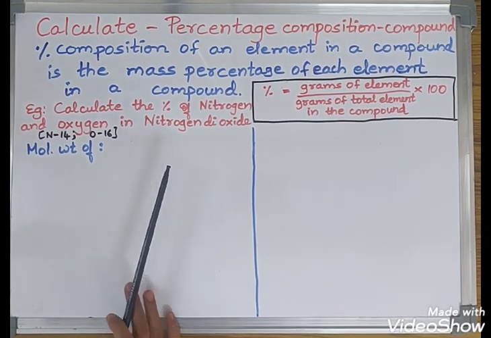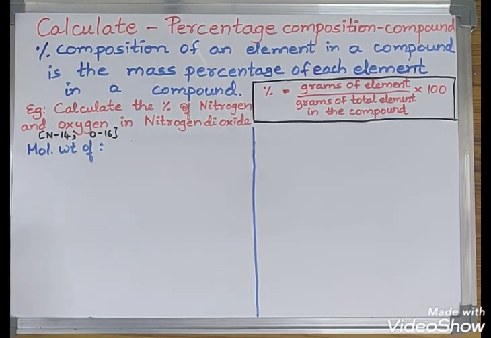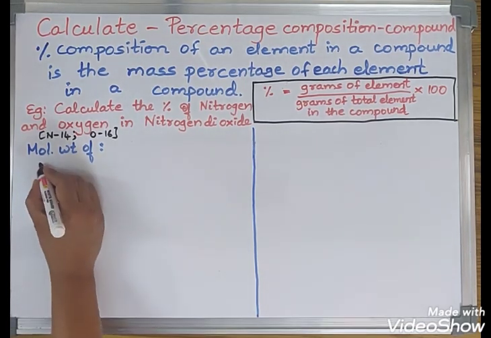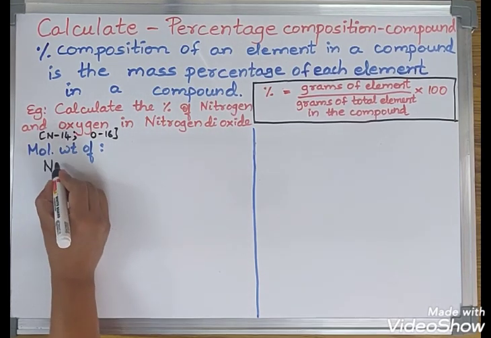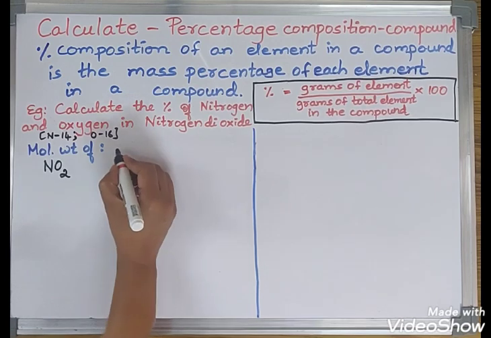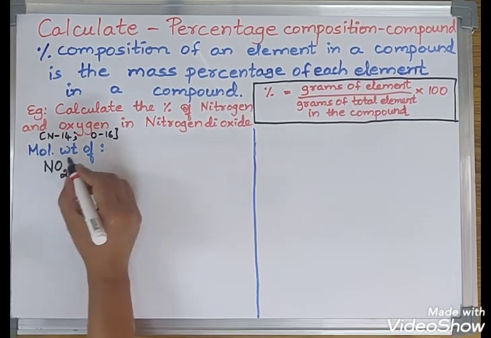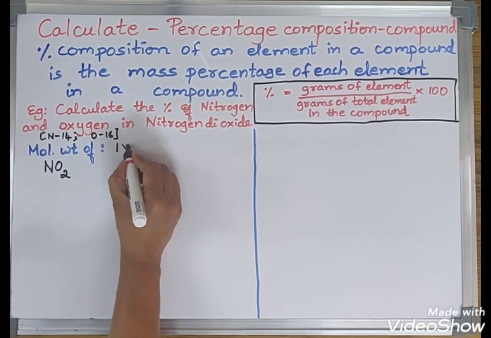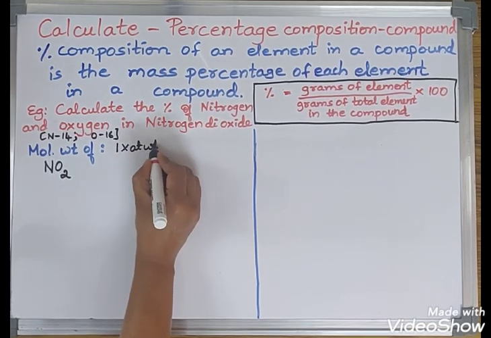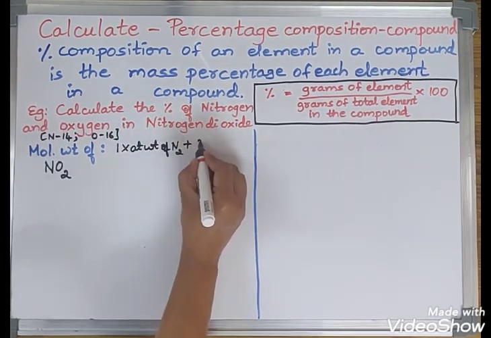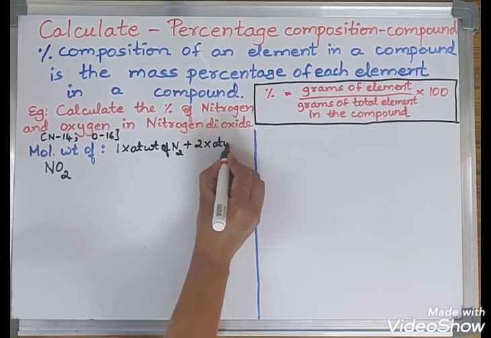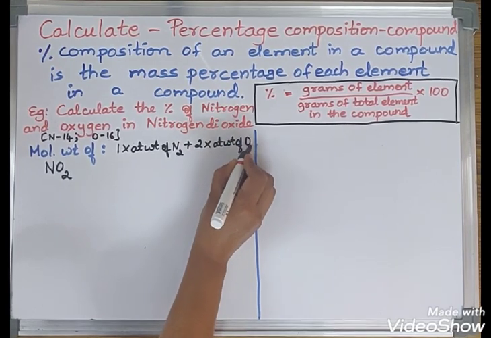When you have to solve this problem, you first have to write down the molecular weight of the given compound. The given compound is nitrogen dioxide, so I write it as NO2. You already know how to find the molecular weight, I have taught you. So 1 atom of nitrogen, that is 1 into atomic weight of N, plus we have 2 atoms of oxygen, 2 into atomic weight of oxygen.